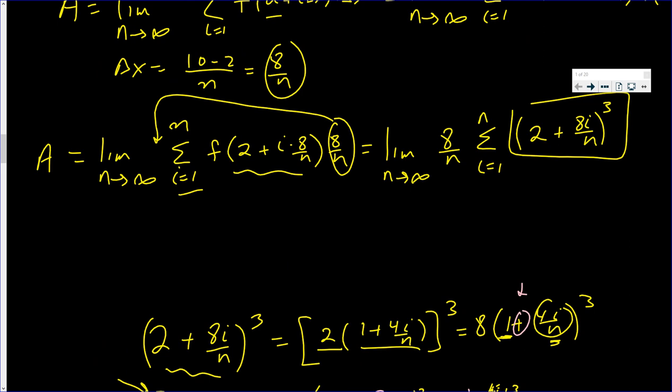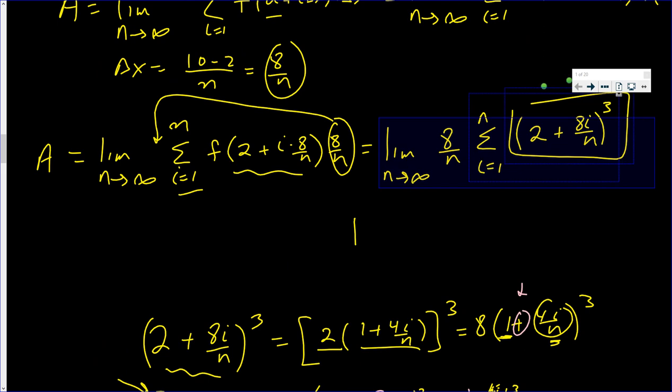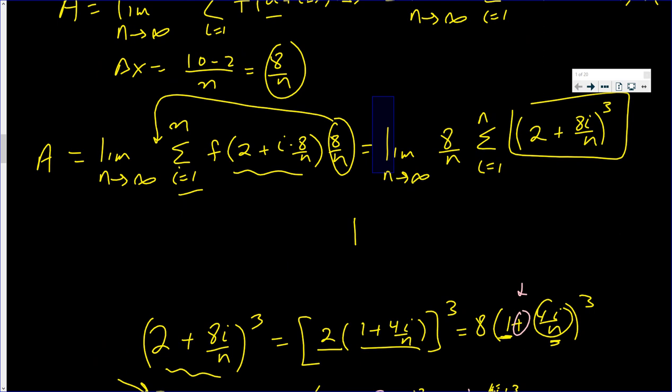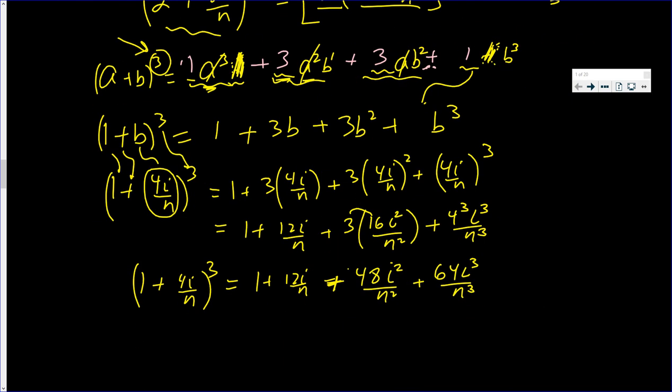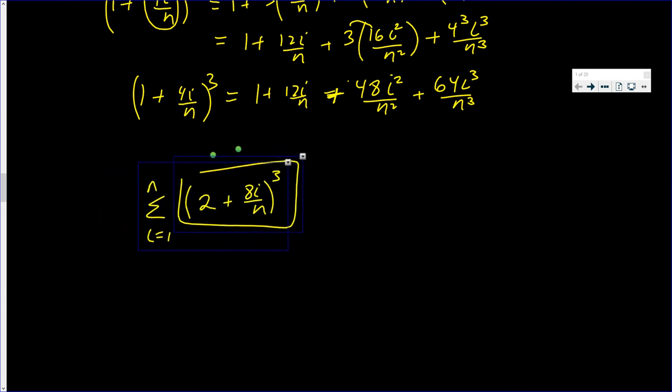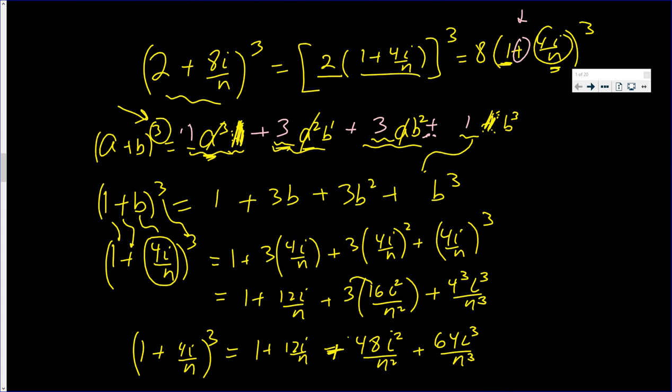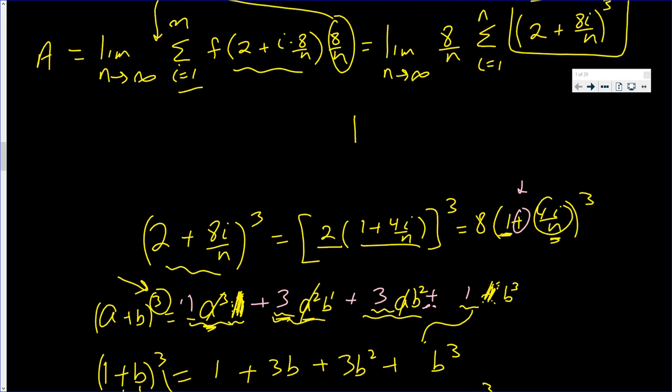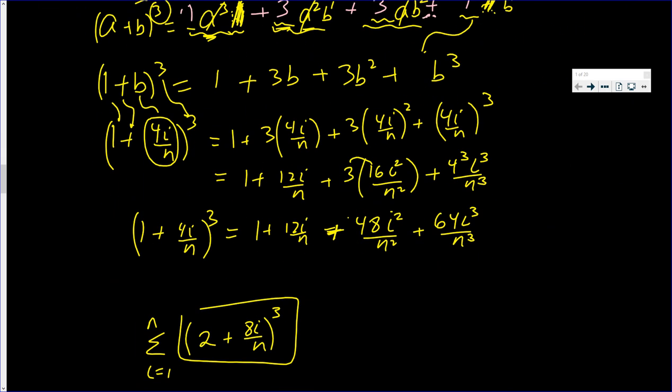So I'm going to copy this. Actually, I need the mouse to copy. Okay, it doesn't want to copy the limit, but we'll deal with that. 8 over n summation.